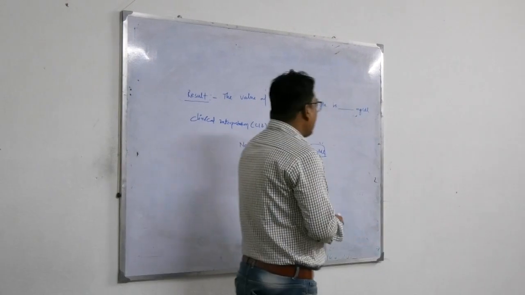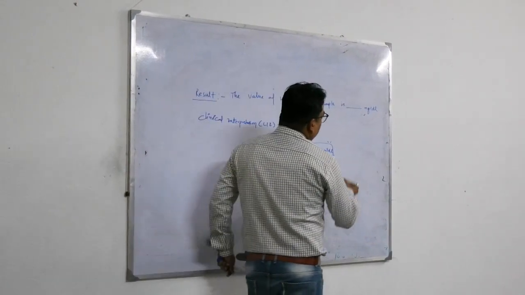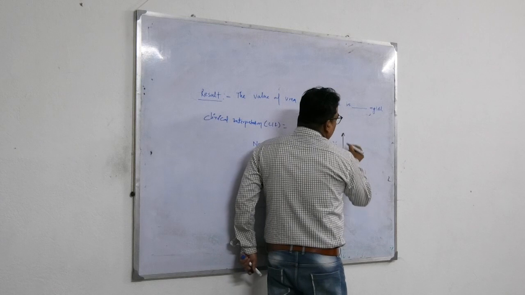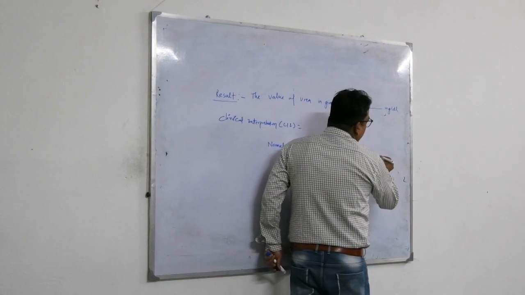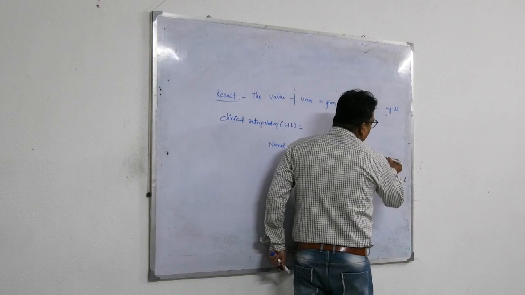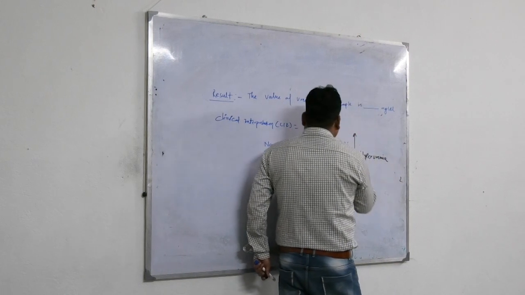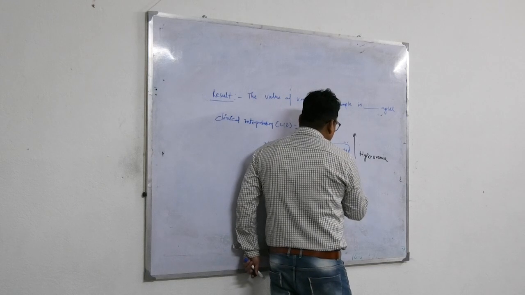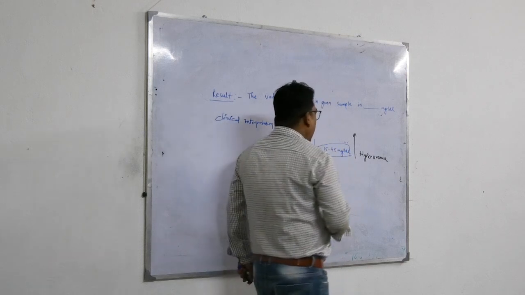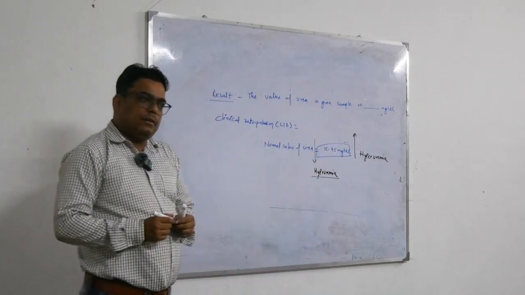Okay. If the value increases from the normal one, we call the term, very good, hyperuremia. If this value is low, we call it hypouremia. Okay.